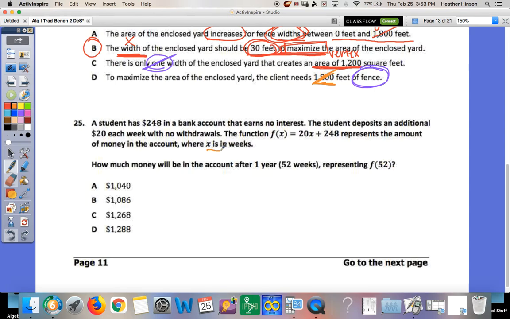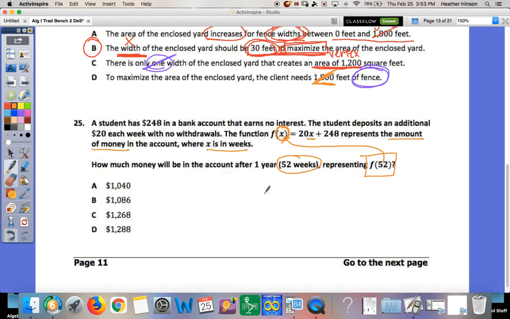So x is in weeks, and then your y is your money, because this represents the amount of money. We have our slope, we have our y-intercept. We want to know what it's going to be in 1 year, in 52 weeks. So how do we figure that out? This f of 52 over here, this is telling you where you see x, plug in 52, because it's x, because that's what's in parentheses.